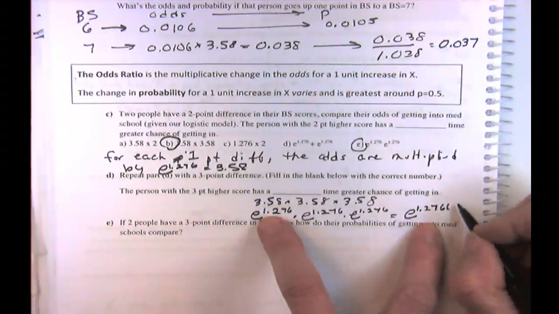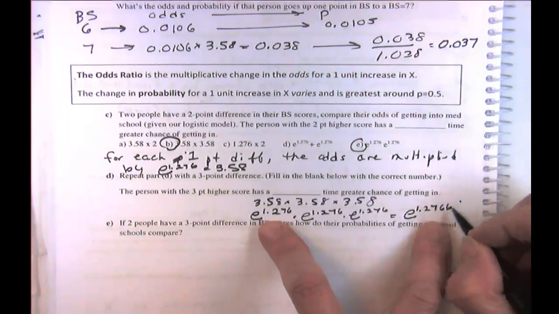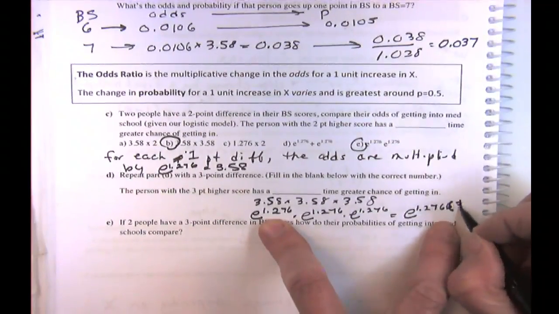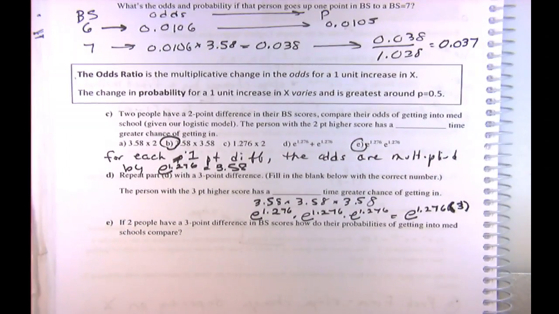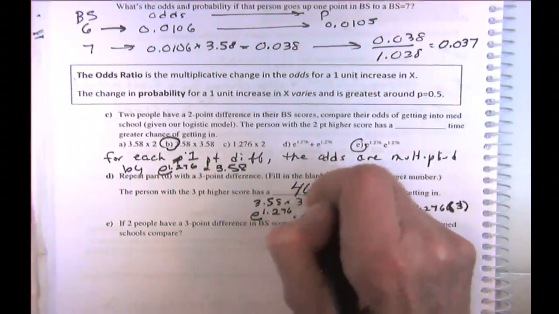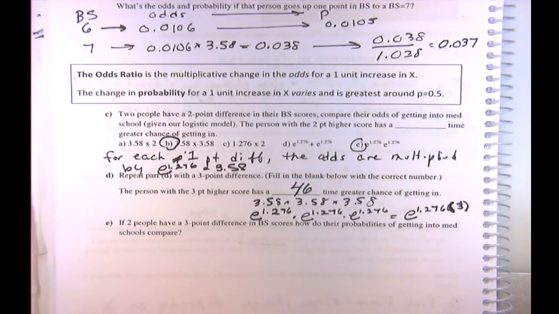How many times? 3 times. So it's e to the 1.276 times 3. You could just do that in your calculator. Okay, and I did that and I got about 46. 46 times higher.